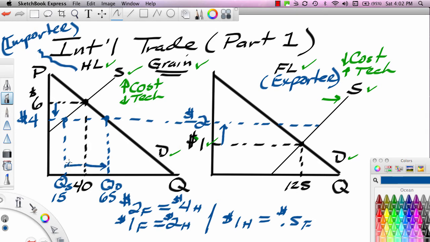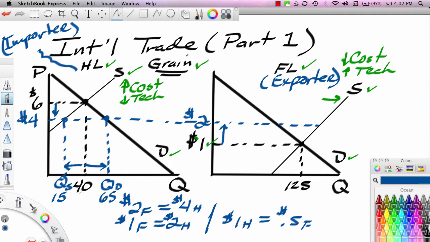This model is rather unusual because it shows us moving away from equilibrium, where most models show us moving towards equilibrium. Now the key idea here is to remember that if there's no trade, the domestic price is 6 and the domestic quantity is 40.